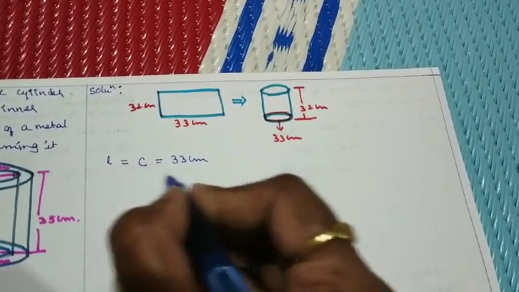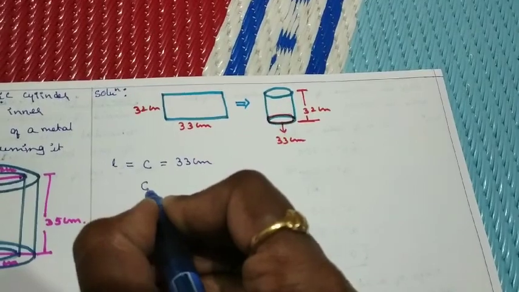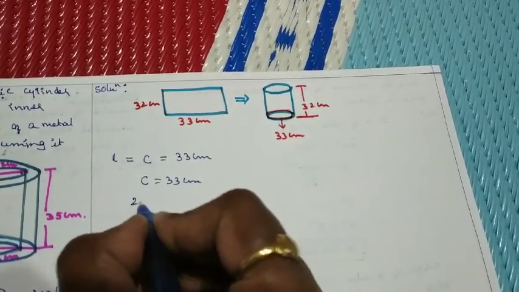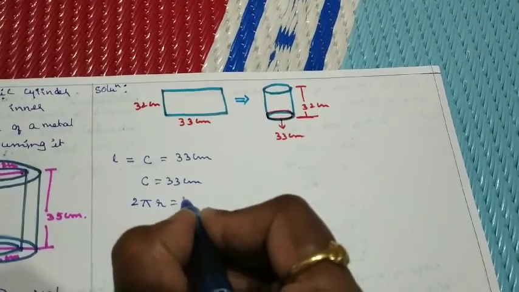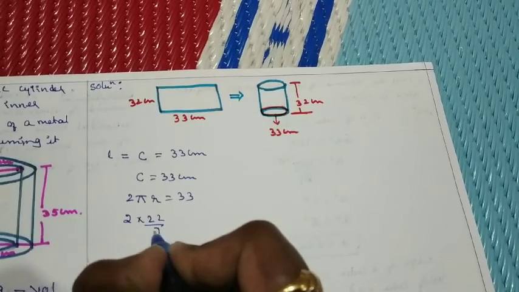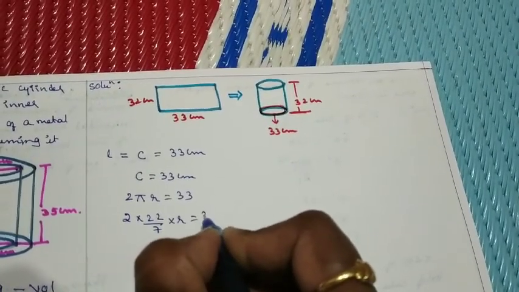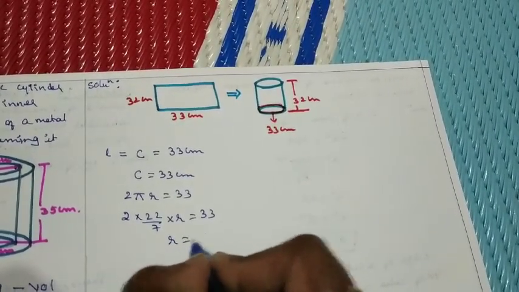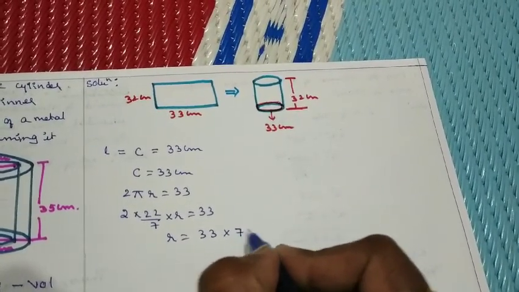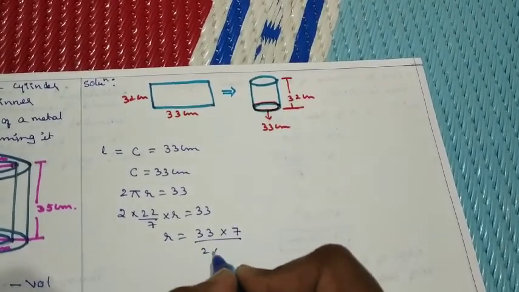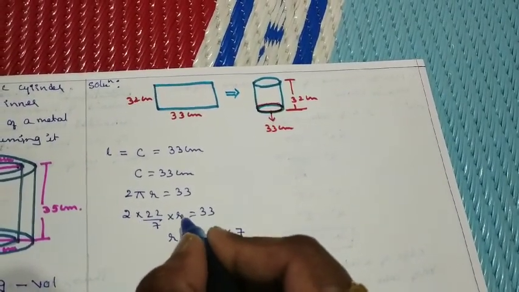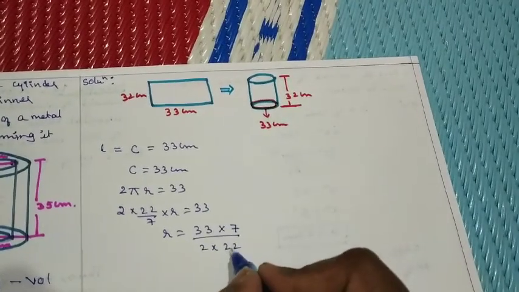So from this we will get the radius. So C equal to 33 centimeter, then circumference is nothing but 2 pi r equal to 33, then 2 into 22 by 7 into radius equal to 33, then radius equal to 33 into 7 divided by 2 into 22, because 2 and 22 are multiplied with the radius, so they change to division.